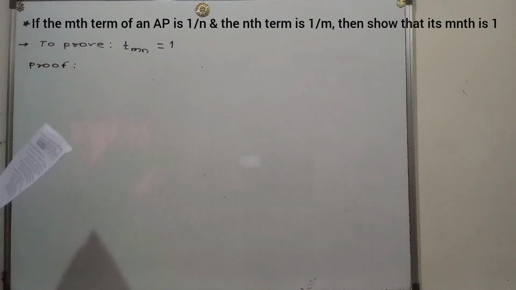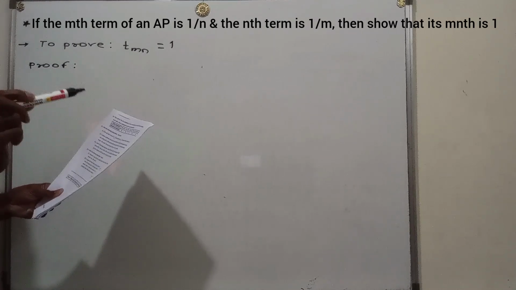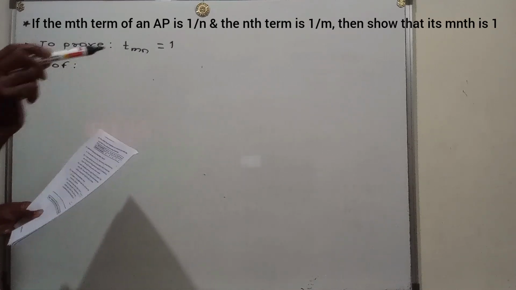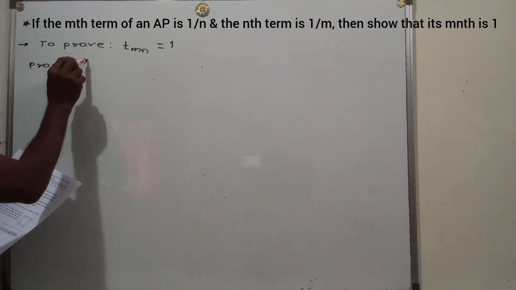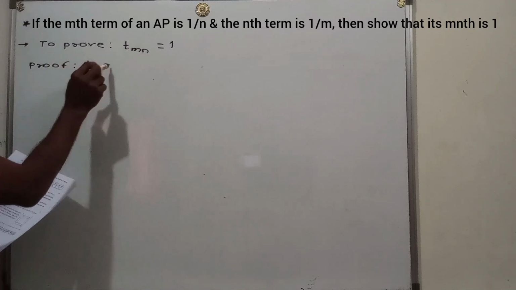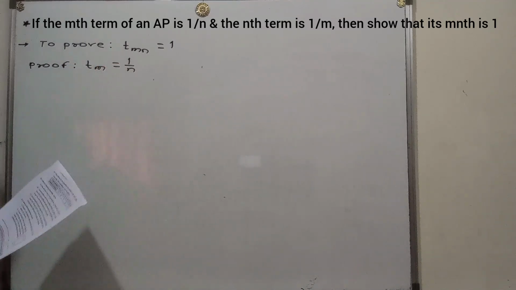Very simple example. See here, what is given: the mth term of an AP is 1 upon n. T_m is equal to 1 upon n.